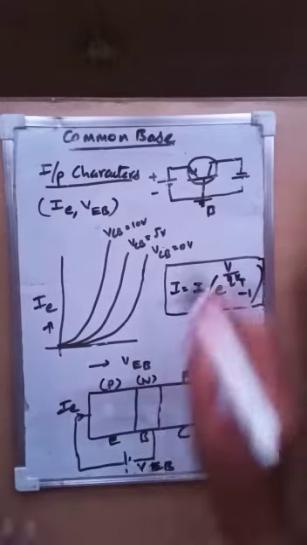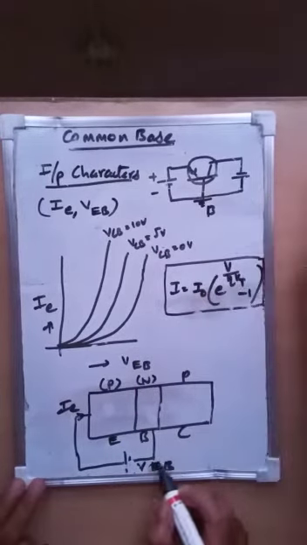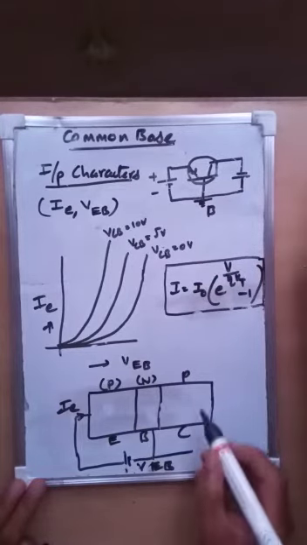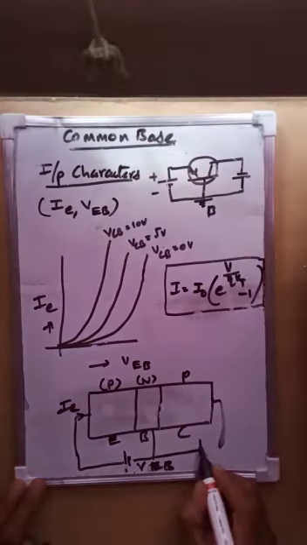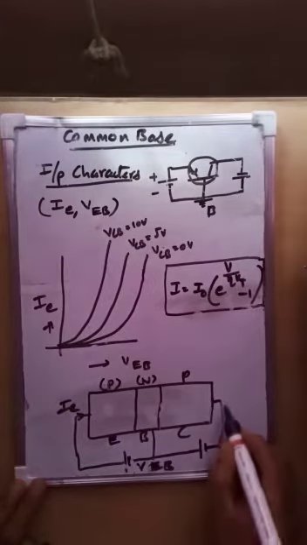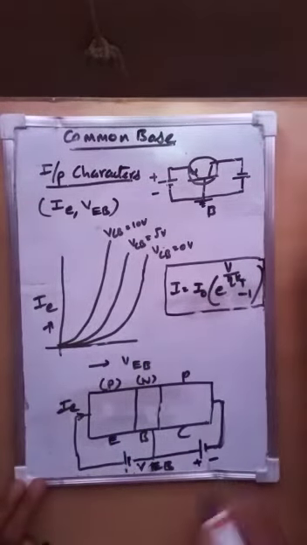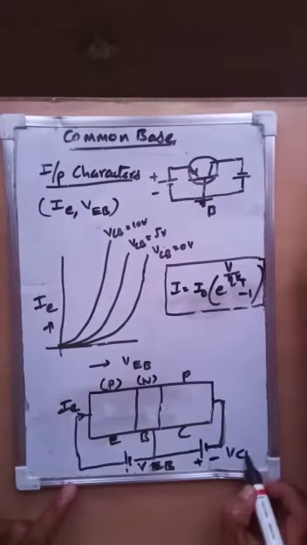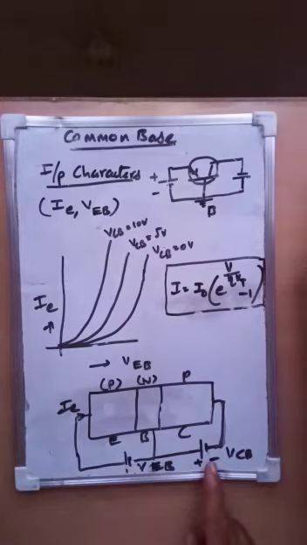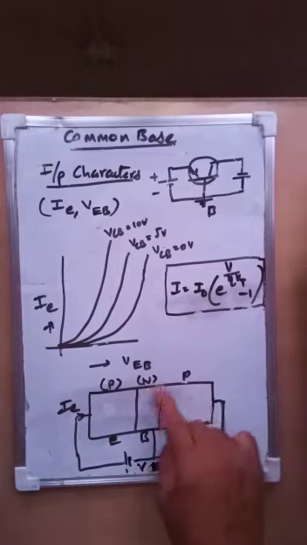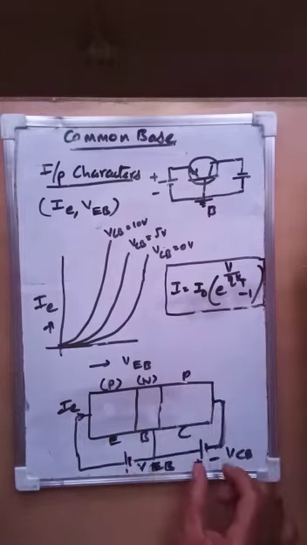Now the second case. Let VCB be 5 volts, and it's a reverse bias. Reverse bias means, because p type is here and n is positive here, this is VCB. Keep the 5 volts here, because this diode is connected in reverse bias.